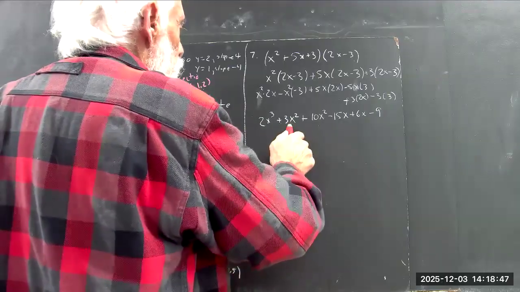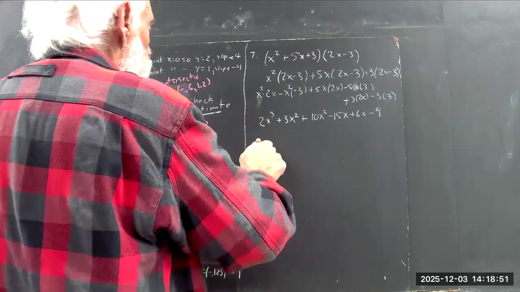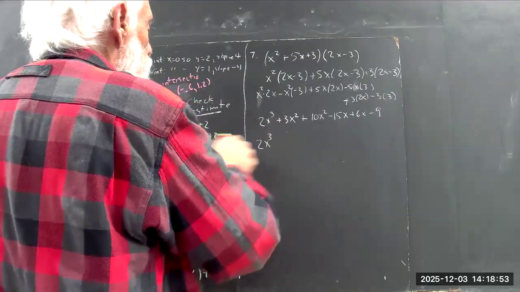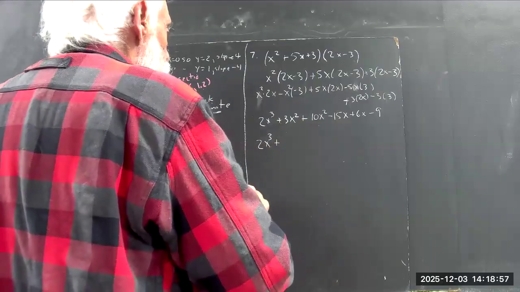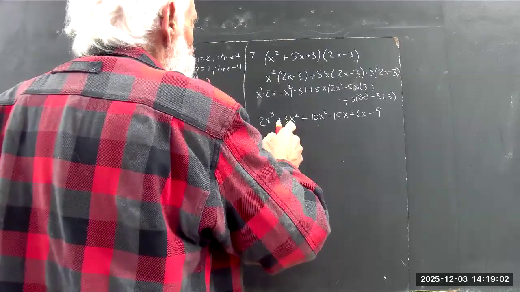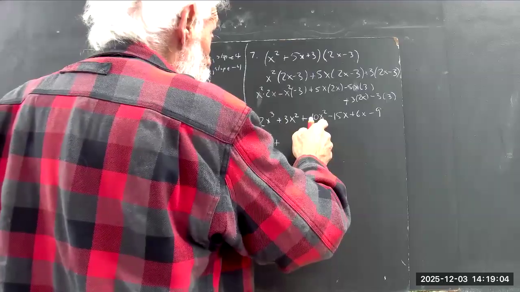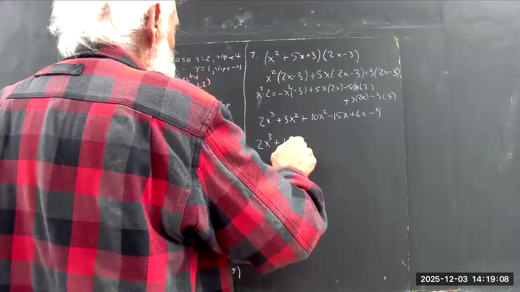Now we can add the x squared terms and the x terms. We only have one x cubed term, so it's going to be by itself. We add the like terms. In other words, whatever x is, x squared is going to have the same value here as it has here. So we can add 3 of them to 10 of them, and we get 13 of them.